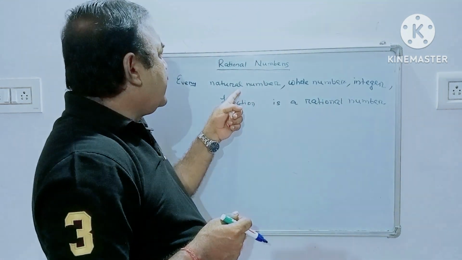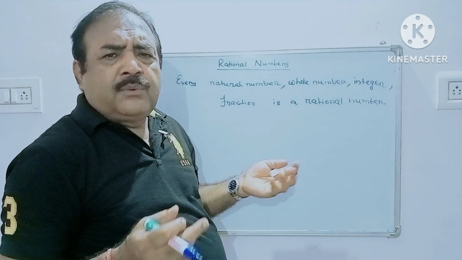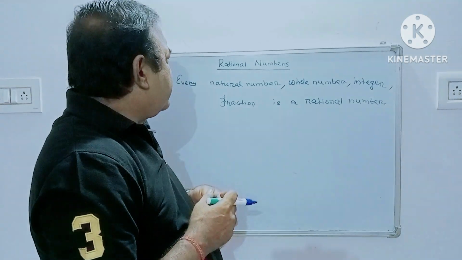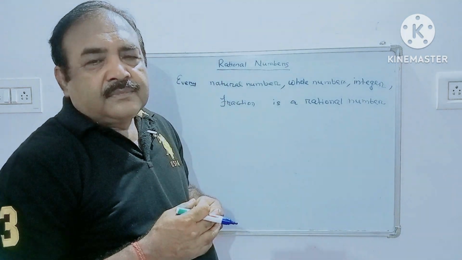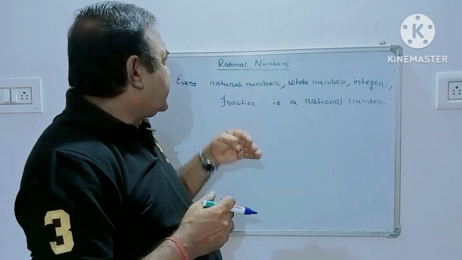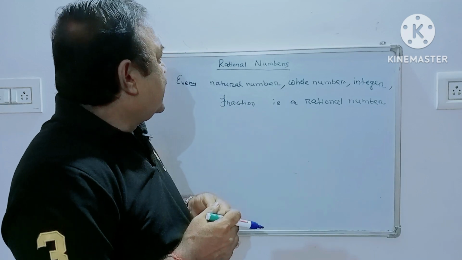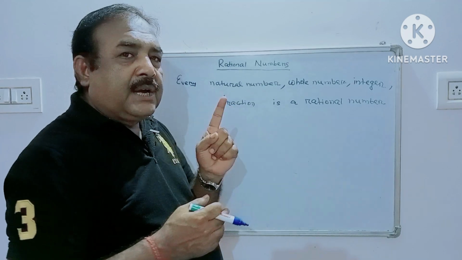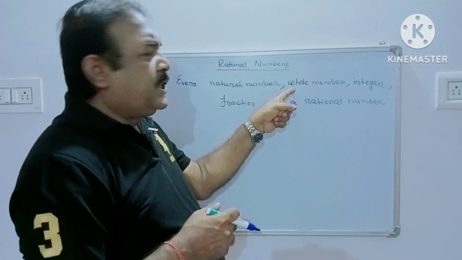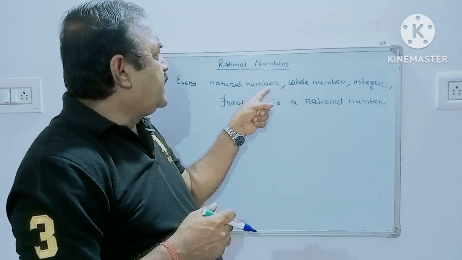Because you see natural numbers, you know it. These are the counting numbers. We count for different objects. So these are the counting numbers. These numbers help us in counting. And when we start counting from 1. And whole numbers, you see 0 is included along with the natural numbers.